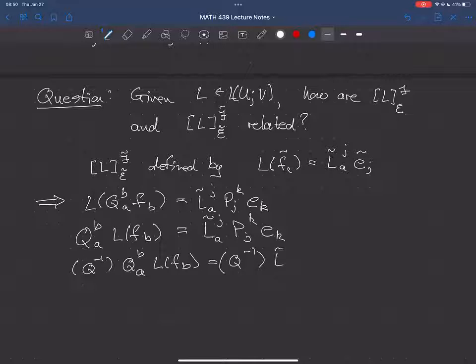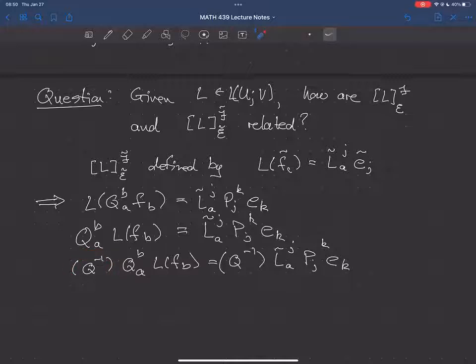So this is L tilde J A P K J E K. Now I want to put indices on Q inverse. How am I going to do that?